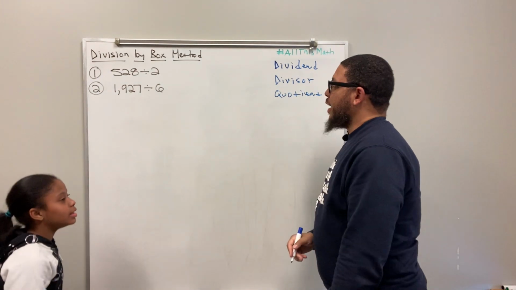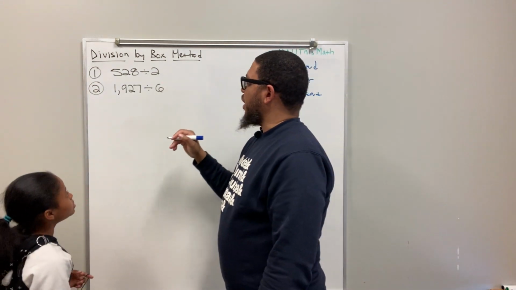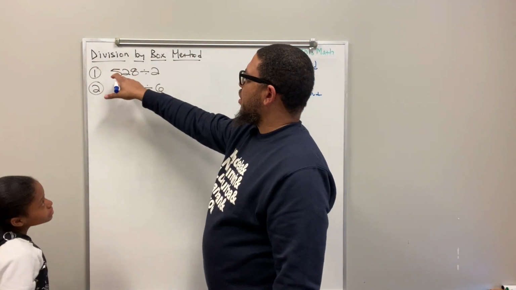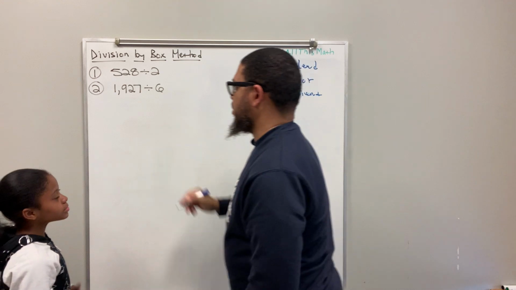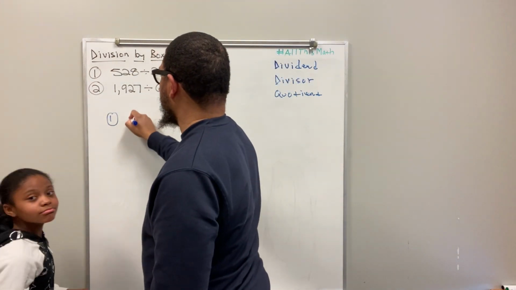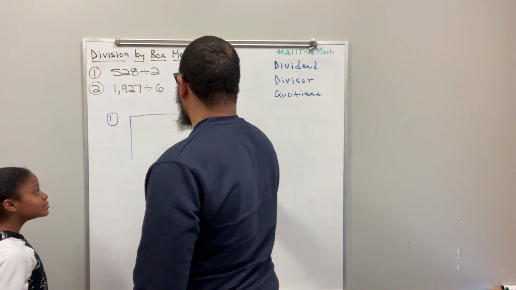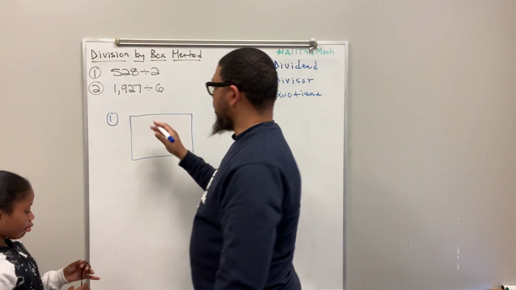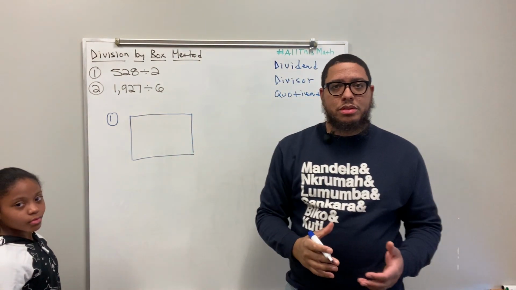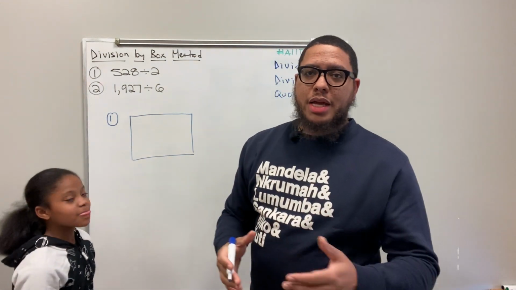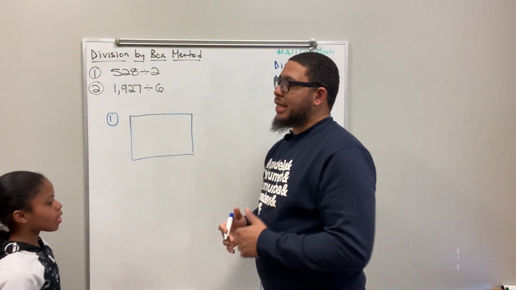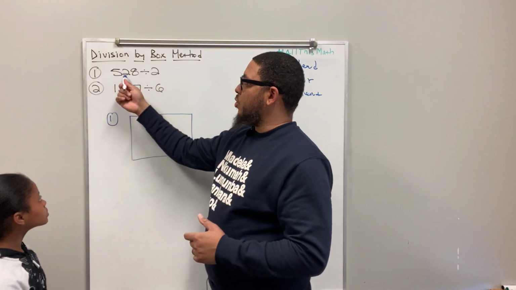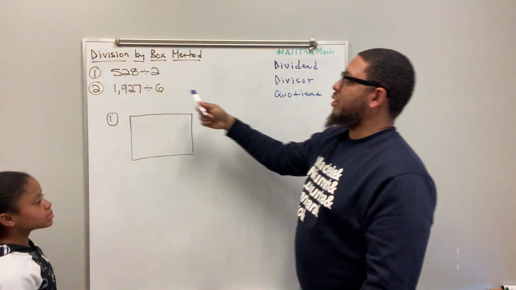All right. Now, by the box method, for number one, we draw a box, and then we divide this box up into columns. How do you know how many columns you should have? You should have as many columns as you have digits in your dividend.